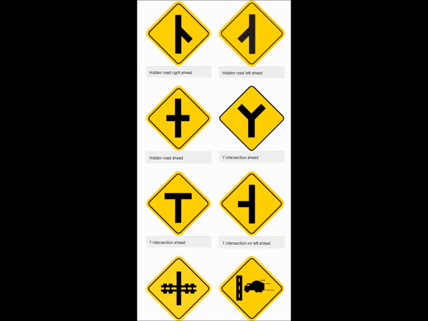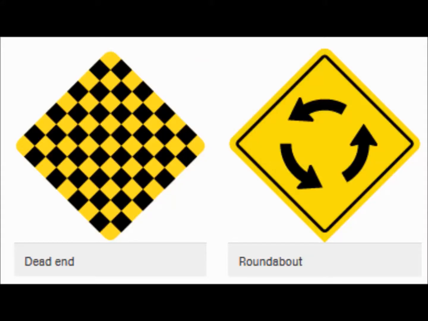Image description. A diamond with a checkerboard of black and yellow. Dead end. Image description. A pale yellow diamond with a black border. In it are 3 arrows pointing in a circle going counterclockwise.